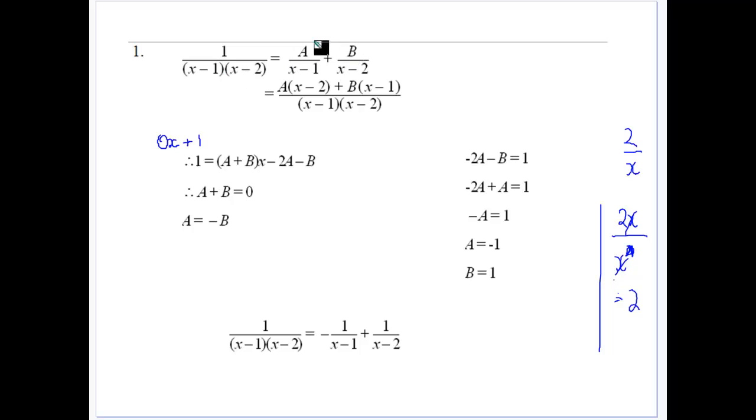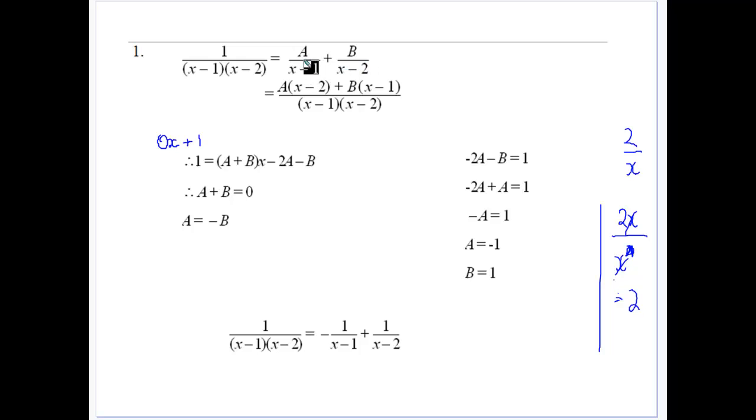The way we have to do it is to break it down into the two factors here as denominators, in separate terms, and then find out what the numbers would be up here. Because it's a number up there, that's why we have the A and the B. We're going to break it down into two linear denominators.